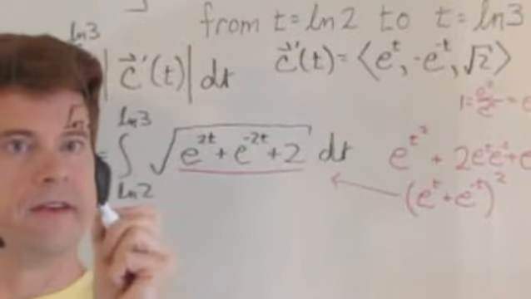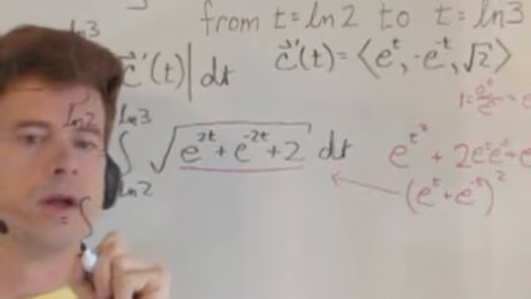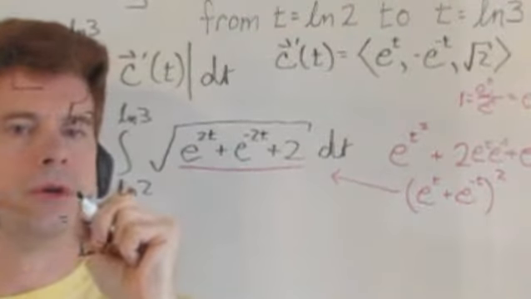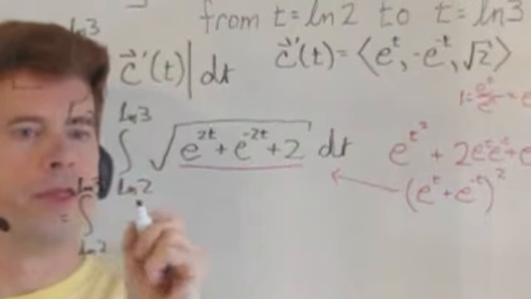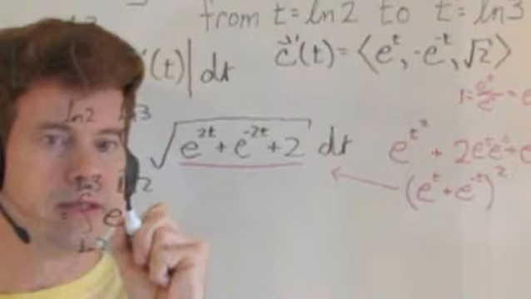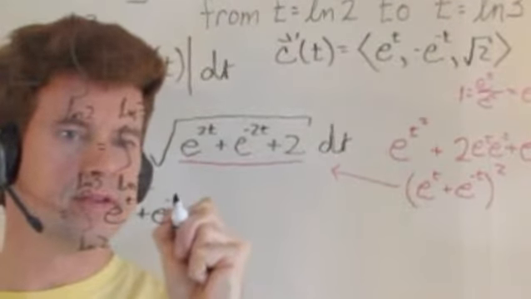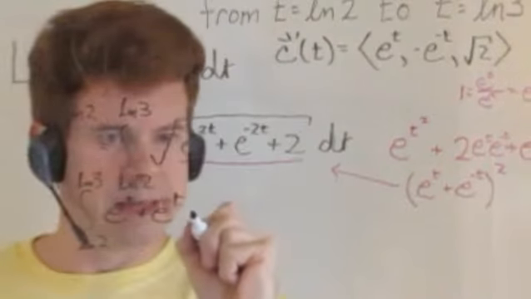So let's rewrite this again now. It's equal to the integral from ln2 to ln3 of e to the t plus e to the minus t dt.